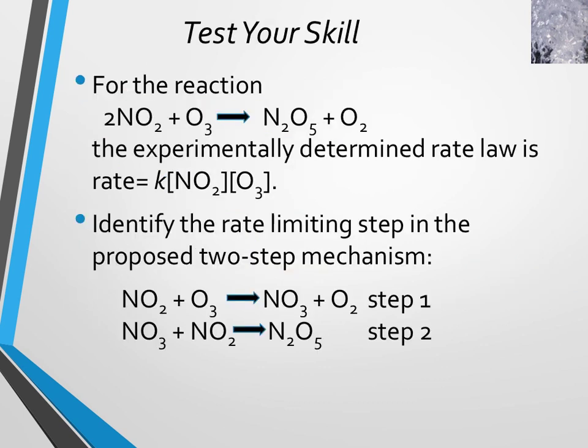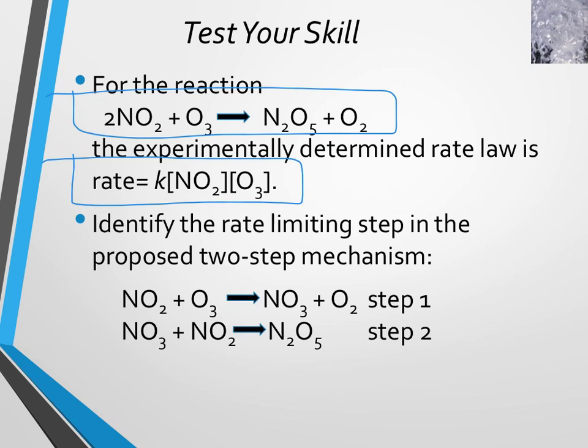So here's one for you to practice on. This gets kind of complicated, so you may want to spend a little bit of extra time, more than ordinary, on these substitution reactions. I want you to look at a new reaction and look at the experimentally determined rate law and identify, this is just a different way of asking a similar question, which of these two mechanistic steps is the rate limiting step.